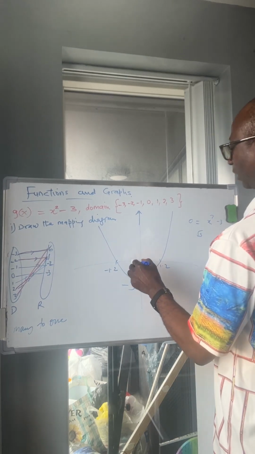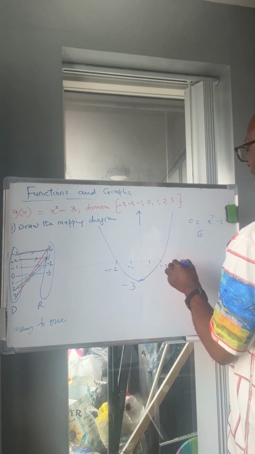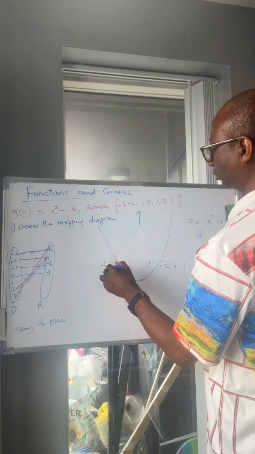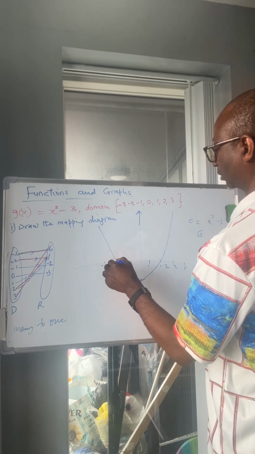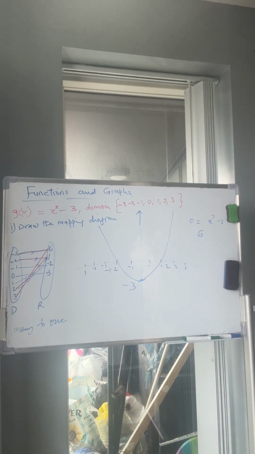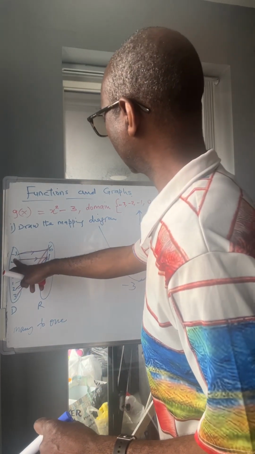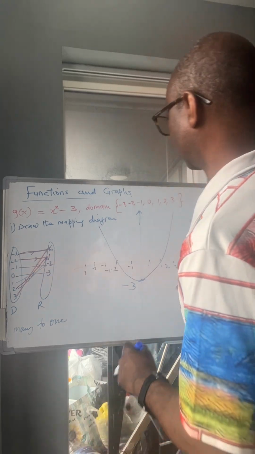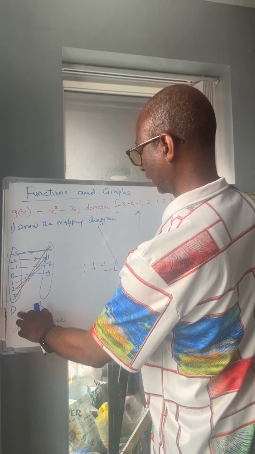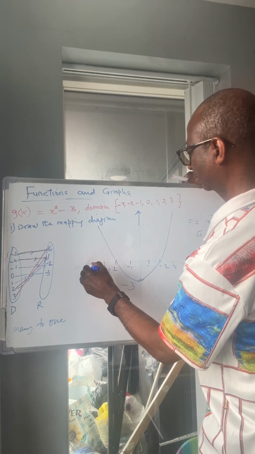Then you have minus 1, 1, 2, 3, minus 2, just for illustration. So what we have here: minus 3 points to 6 and also 3 points to 6.